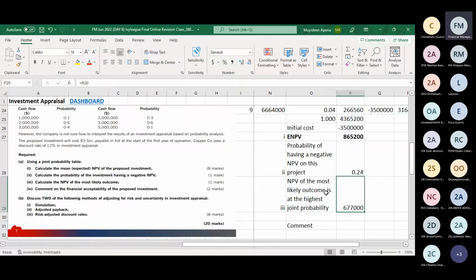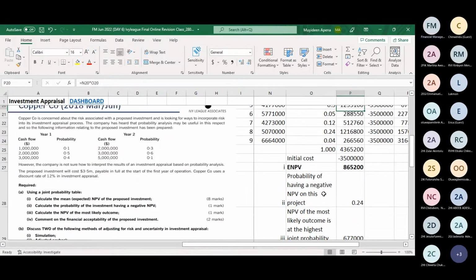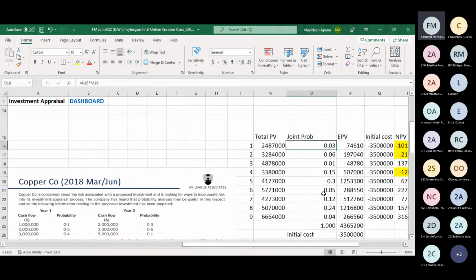So the NPV of the most likely outcome is that outcome that occurs at the highest joint probability. So let's look for joint probability. Which of these is the highest? You need to scan through. We can see that this is 30%.